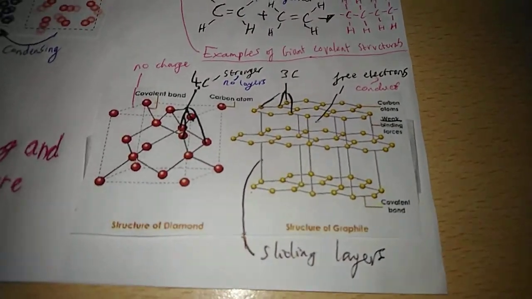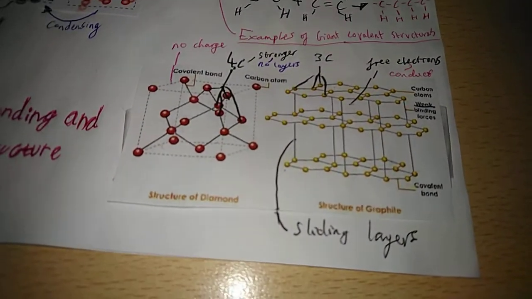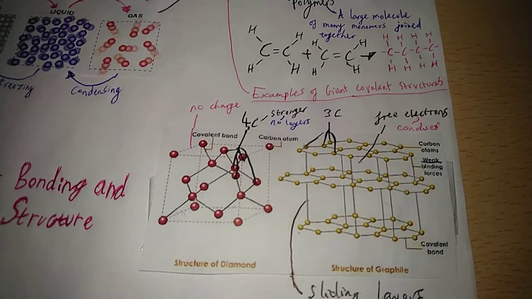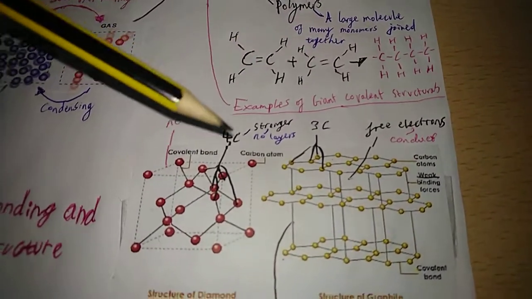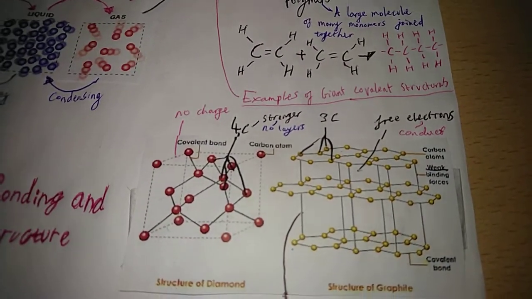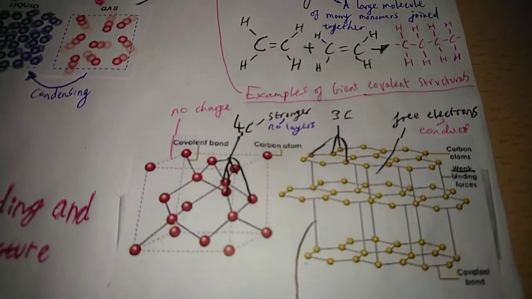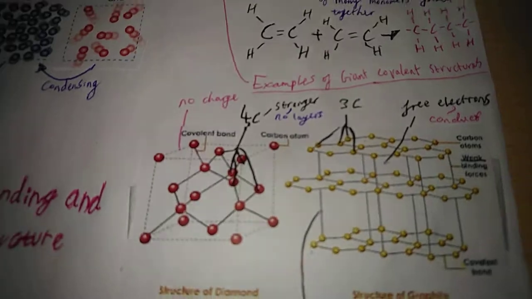Examples of giant covalent structures. So this is the structure of diamond, not very shiny here, and the structure of graphite, pencil. In diamond, there are 4 carbon atoms bonded on every part, which makes it stronger, and there are no layers. There is also no charge in it.